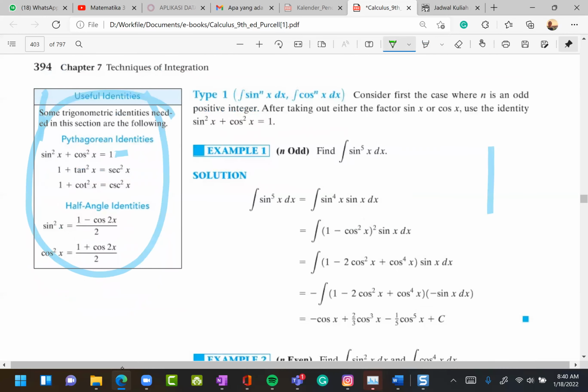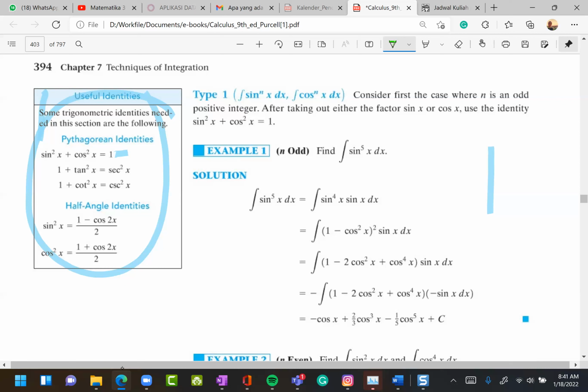Okay, so we define these two cases, n odd and n even. Okay, what happened with n odd? Okay, so for example, here sine to the 5th. Okay, so power 5, we split this 5 into 4 and 1. So just sine to the 4th, sine x.